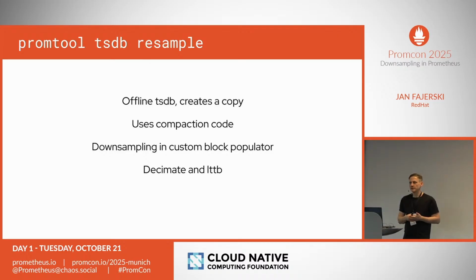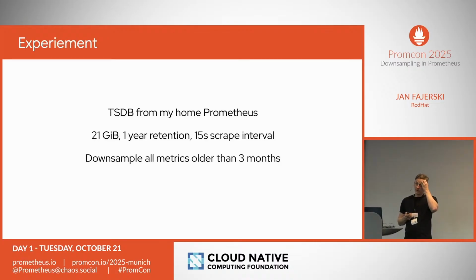Basically, it uses the compaction code. It implements a custom block populator, if you know anything about the TSDB. So far, I looked at decimation and LTTB. I ran this on my home Prometheus data.